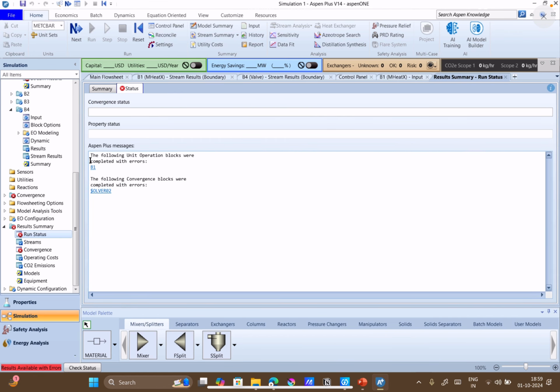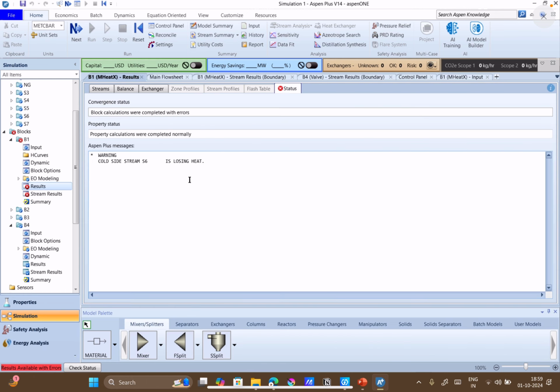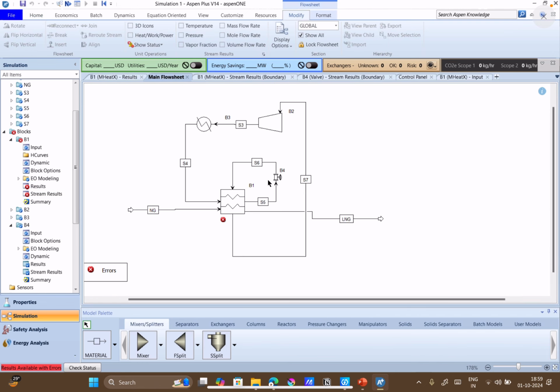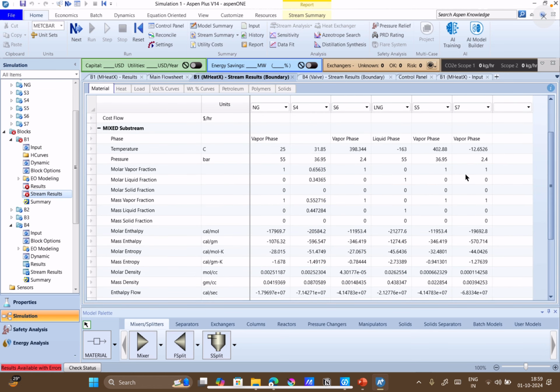The following unit operation blocks were completed: B1. Cold side stream S6 is losing heat. S6 should lose heat. Just a minute.